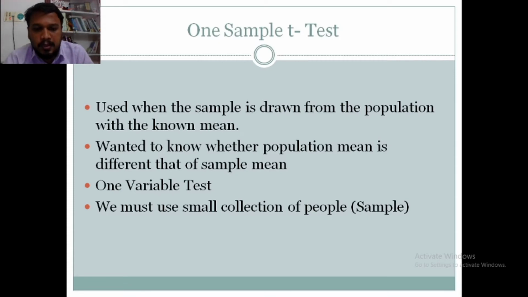If there is any difference, it will be identified in the one sample t-test. As the name suggests, it is a one variable test and must have a small collection of people.